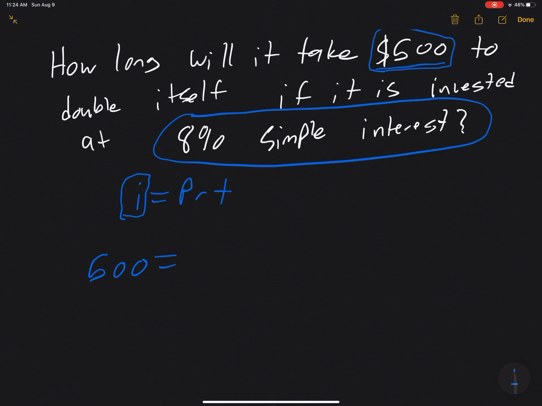And that's going to be equal to your principal investment, which is $500, multiplied by the rate. Our rate here is 8%, multiplied by the time it will take for that investment to double. We don't know the answer to that yet. That's what we're solving for.